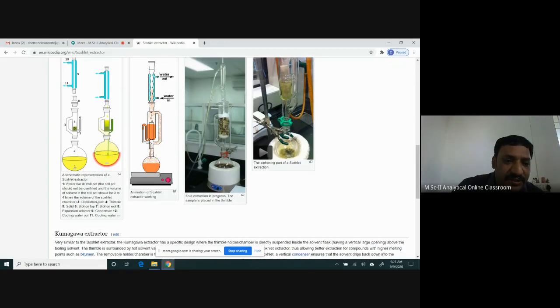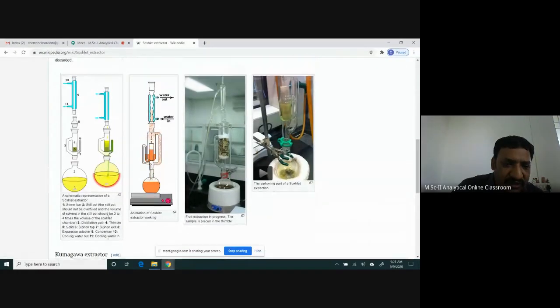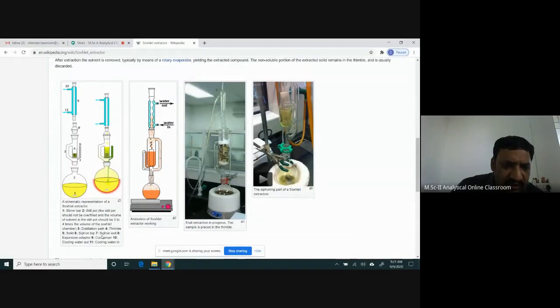Then the distillation path, so all of you know that this distillation path is here. Then the siphon exists, so air should exist from here. Then the expansion adapter is here, through which we attach the water condenser. Then the condenser and water inlet and outlet, that is cooling of the water.